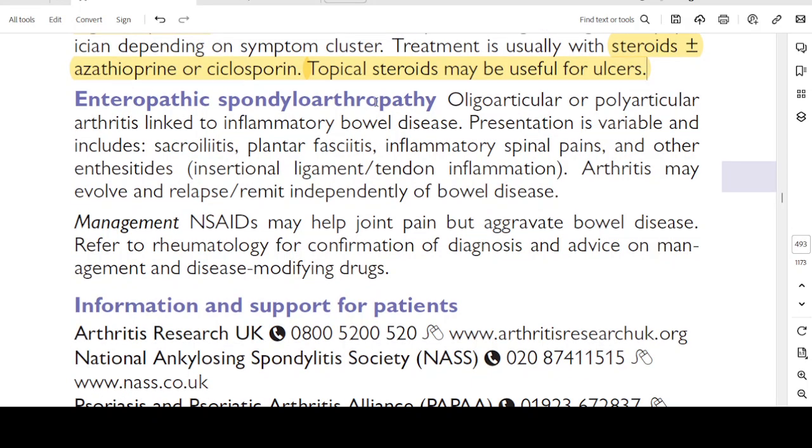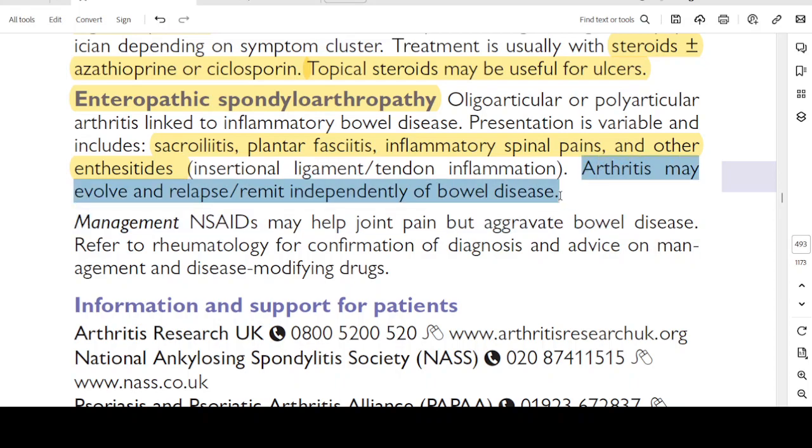Enteropathic spondyloarthropathy: oligoarticular or polyarticular arthritis linked to inflammatory bowel disease. Presentation is variable and includes sacroiliitis, plantar fasciitis, inflammatory spinal pains and other enthesitis, which is insertional ligament or tendon inflammation. Arthritis may evolve and relapse or remit independently of bowel disease.